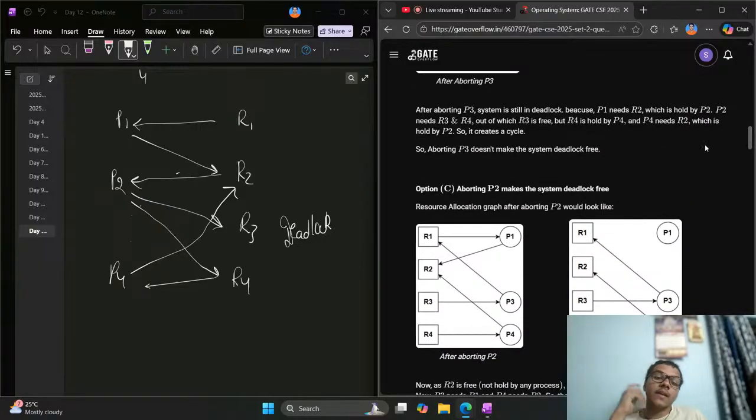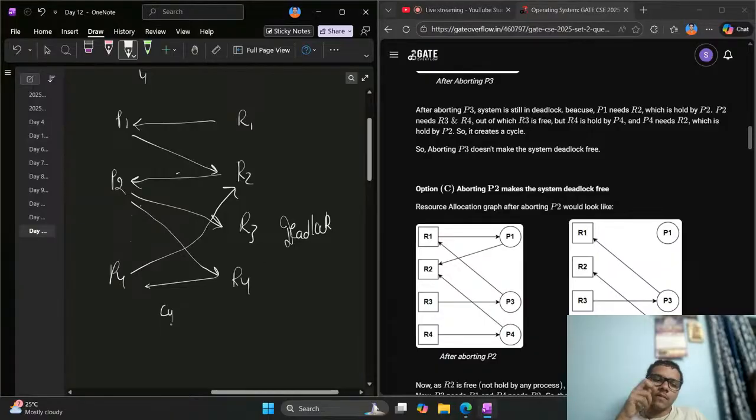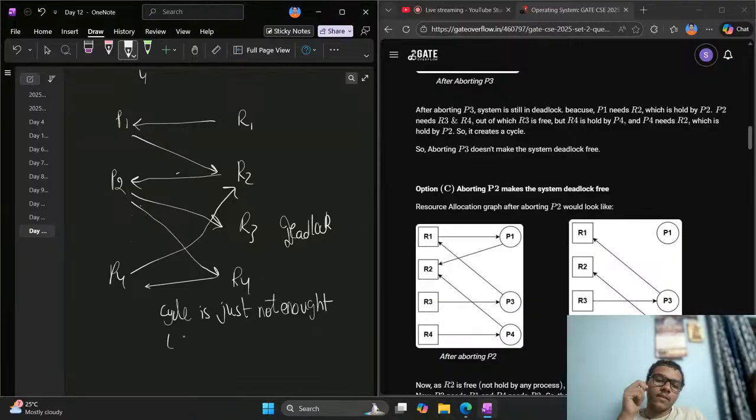No, how did I get the cycle? So a cycle is just not enough. Like not a sufficient condition.